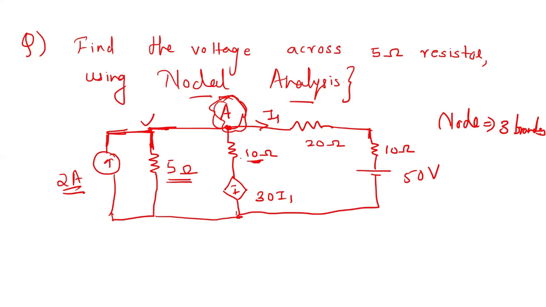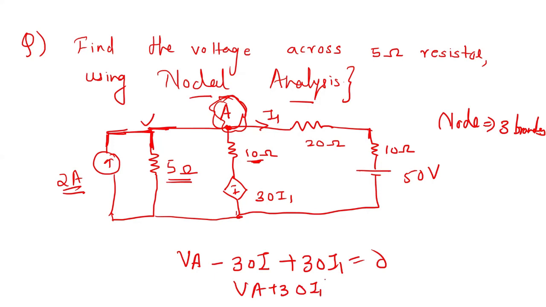So how do you get this equation? I'll show you. If I apply KVL here, it's going to be VA minus 30 I, plus 30 I1 is equal to 0. So the current flowing in this branch is VA plus 30 I1 upon 30, which is I. So what is nodal analysis?